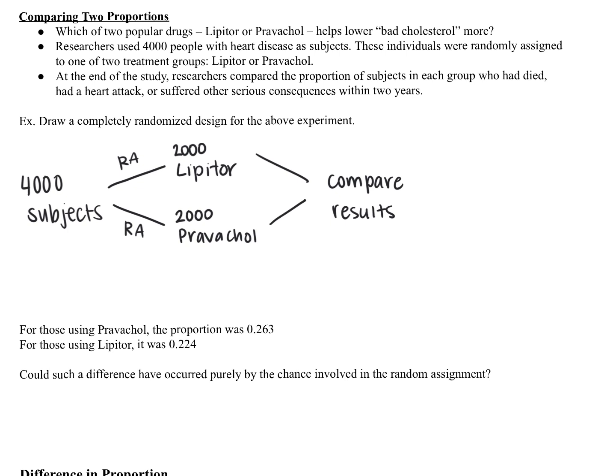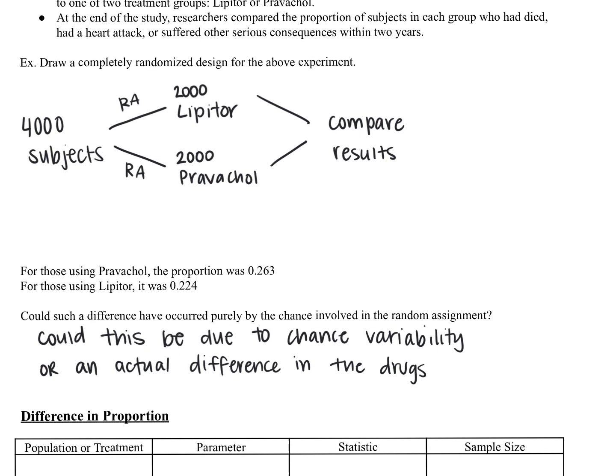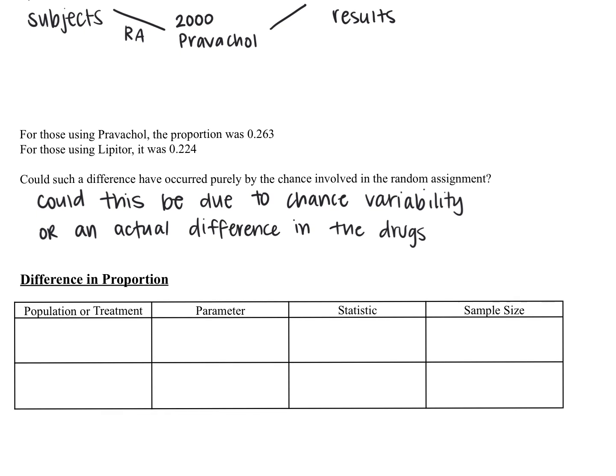What we're basically trying to figure out is, could this be due to chance variability, or an actual difference in the drugs? That's our aim when we're doing a difference in proportions.